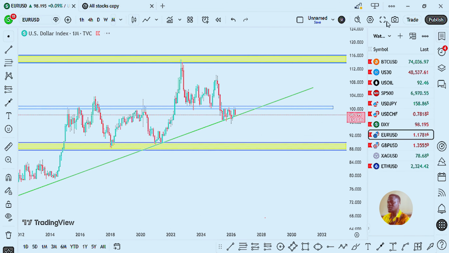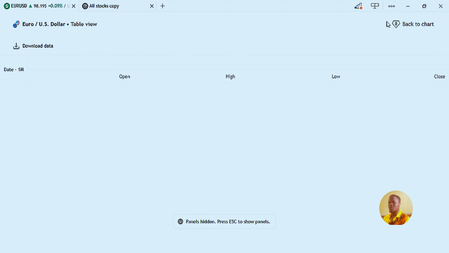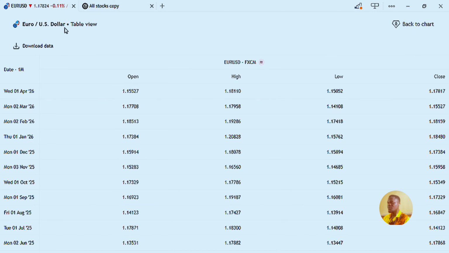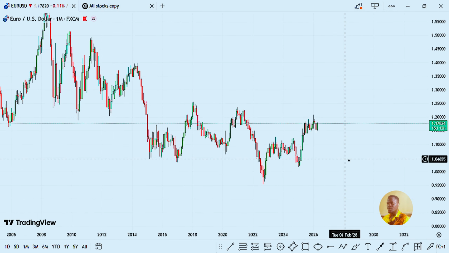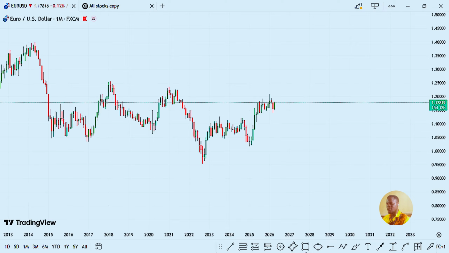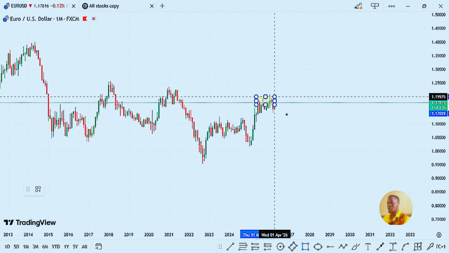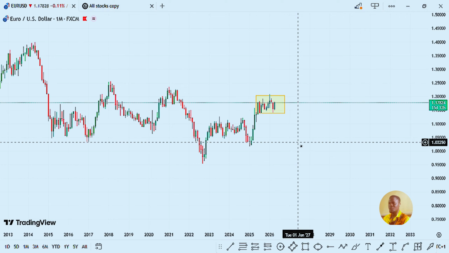Okay, but let's see what's going on with the euro. Alright, you can also see the same consolidation going on with euro right here at this level. The same consolidation that is going on with DXY, because the DXY shares the same chart with euro.